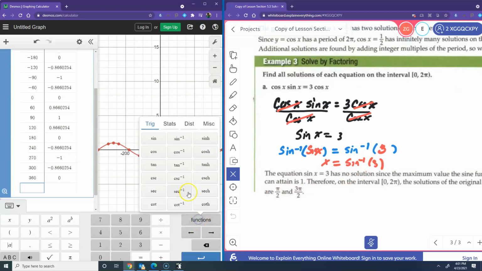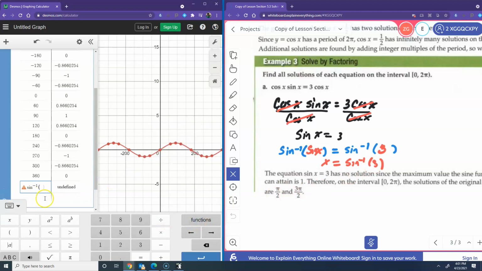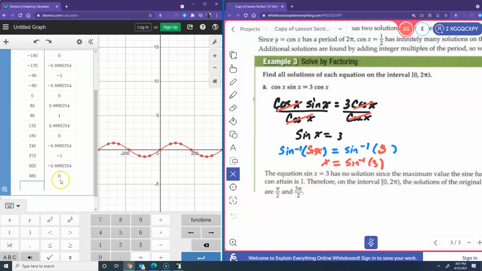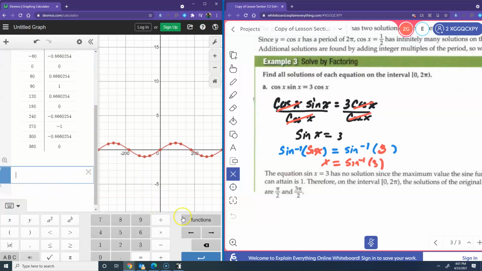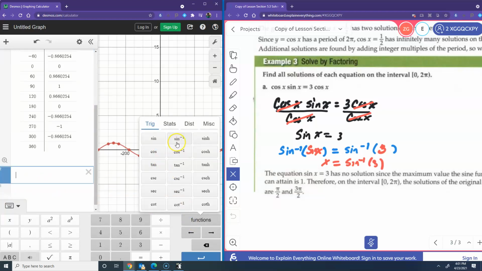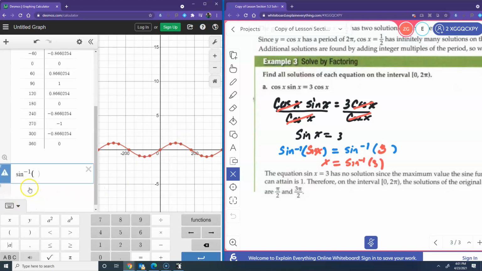So if I go over here to my function, inverse sine, and I put 3, you're going to notice it's undefined. So what does that tell you? This will be no solution.